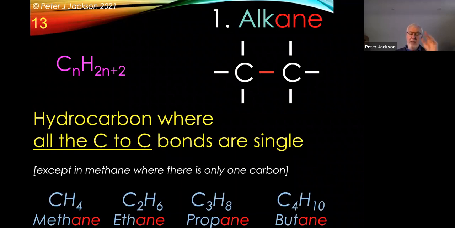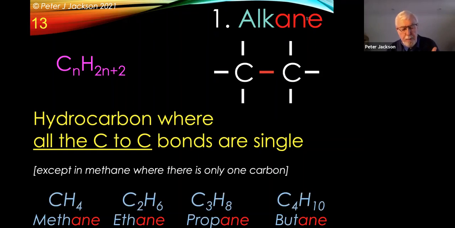So they all end in -ane. That tells us they're an alkane. So what does the first part of the name, shown there in blue, tell you? It tells you how many carbons the compound has. And you need to remember it's called a prefix, and what the prefix tells you.